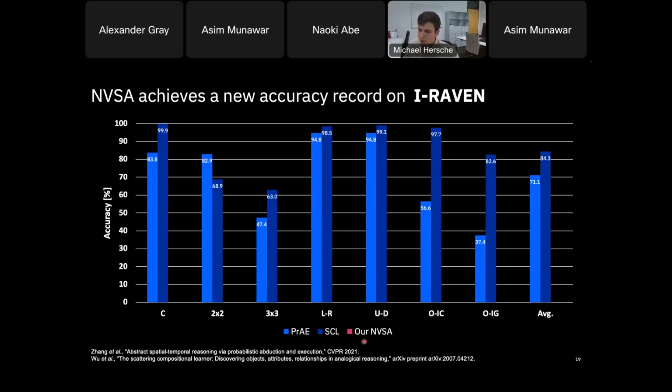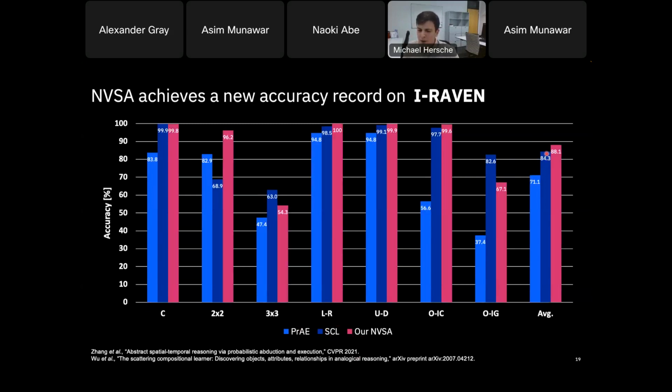We also reproduced the performance of the state-of-the-art deep neural network, the SCL, which actually outperforms the neurosymbolic approach by achieving 84.3% accuracy on average. And with our NVSA, we outperform both the state-of-the-art PrAE and the deep net by achieving 88.1% accuracy.